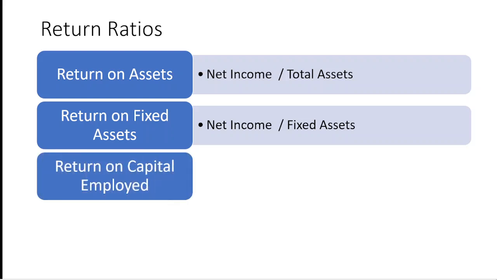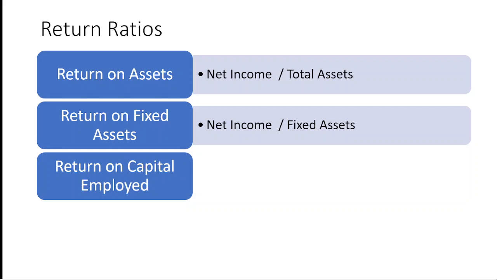Then the next is return on capital employed. Now, return on capital employed is going to be pretty much the same as total assets, because the total capital employed is used to buy the total assets, right? So it would be the same, but there are some current liabilities and short-term loans that you might have taken.